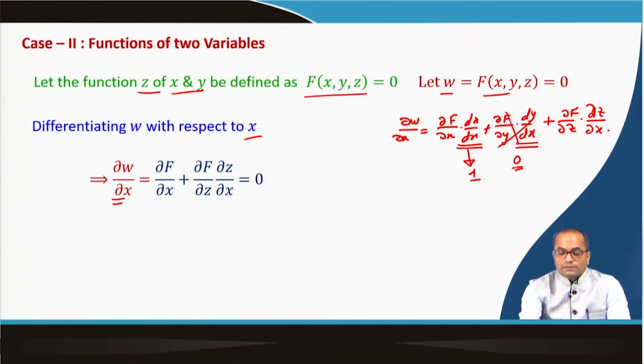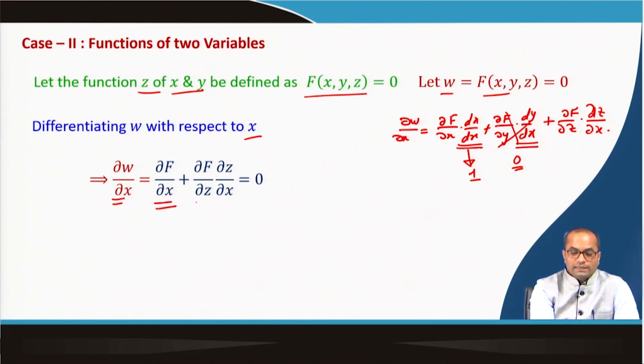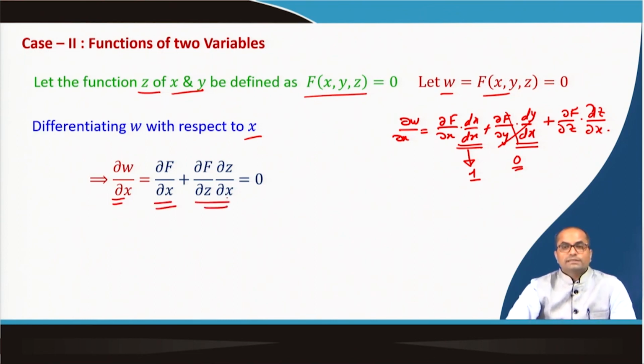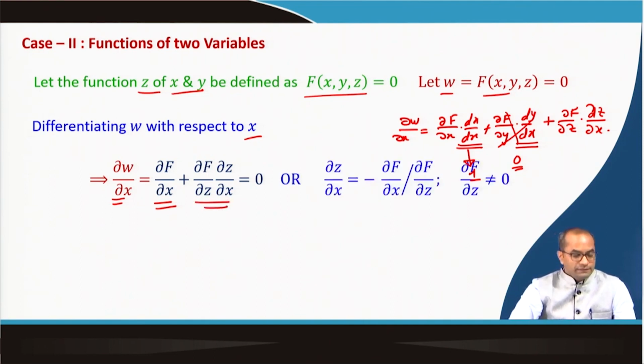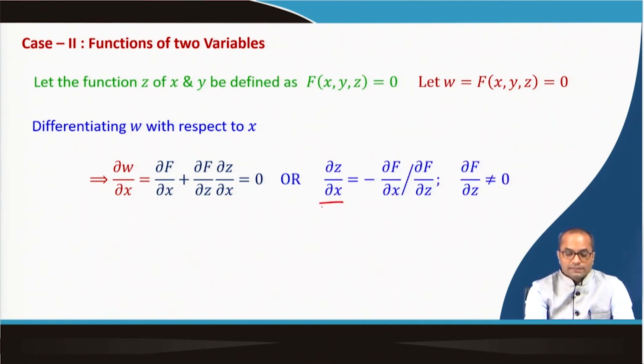So, we will get just del f over del x and the last term del f over del z times del z over del x. So, from here we can get directly del z over del x as the ratio of these partial derivatives with respect to x and with respect to z.